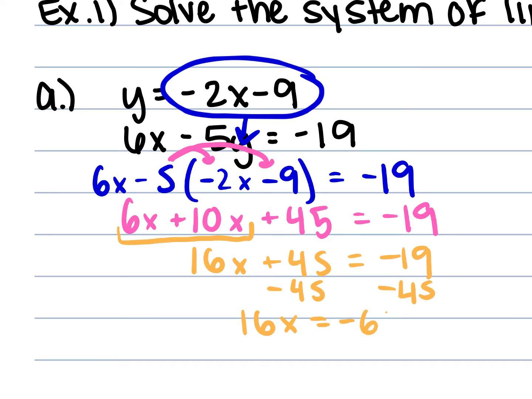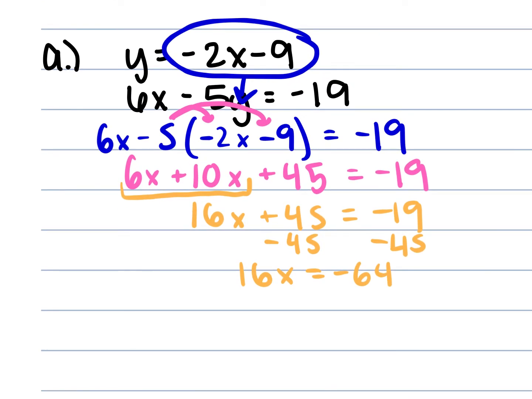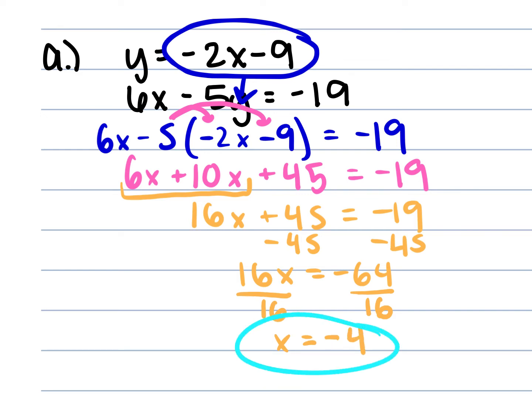So negative 64. And then what's the last step I should do to solve for x? Divide by 16. Since x is being multiplied by 16, I divide to move it to the other side. Now it's negative 64 divided by 16. Negative 4. So x equals negative 4.